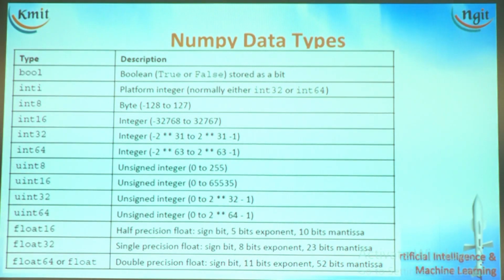If you have memory allocation issues where you have to work with confined memory, then you can individually define your int as int8, int16, int32, int64. If it is a signed integer, you can go for int; if it is an unsigned integer, you can go for uint, again 8, 16, 32, 64. Then there are half precision, single precision, or double precision floating point numbers. I need not go much into detail. I think this is okay with you guys.